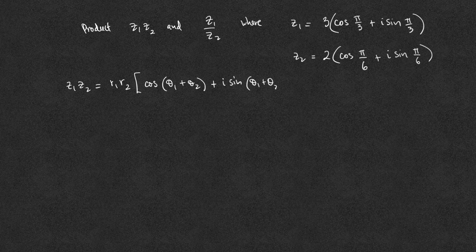1 plus theta 2, where r1 and theta 1 are the modulus and the argument of the first complex number z1, and r2 and theta 2 are the modulus and the argument of the second complex number.